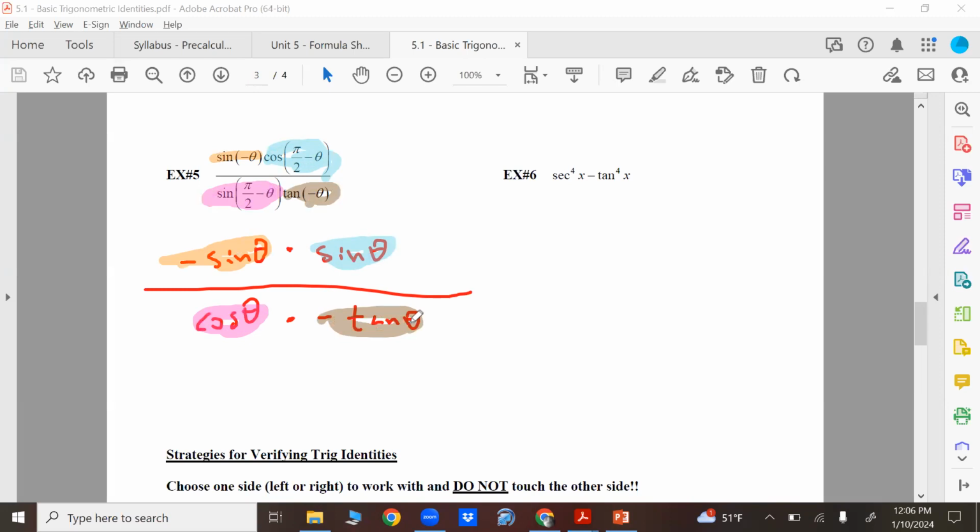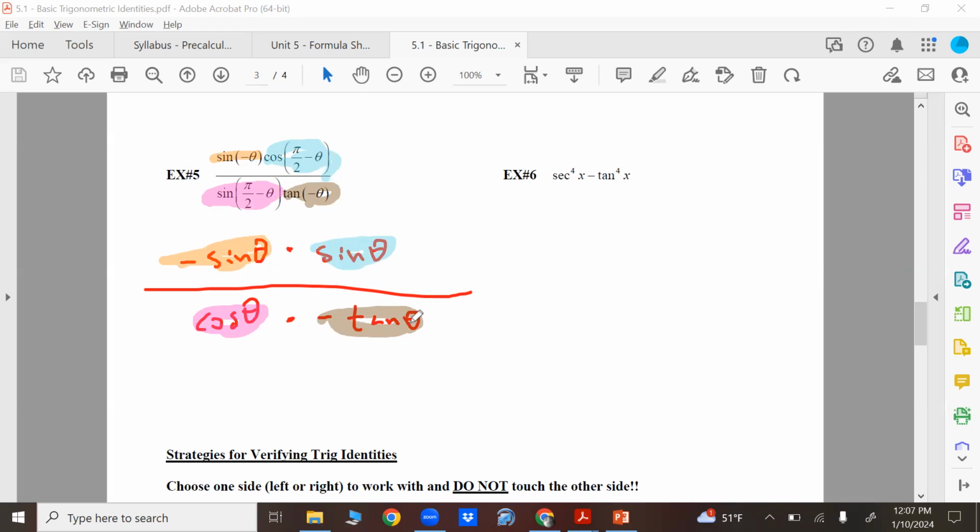Okay. All this makes sense. Sine negative theta, that's just my formula sheet, negative sine theta. Cosine pi over 2 minus theta is sine theta. Sine pi over 2 minus theta is cosine theta. Tan negative theta is negative tan theta. By the way, pi over 2, that's radians, right? What's pi over 2 converted to degrees? 90.